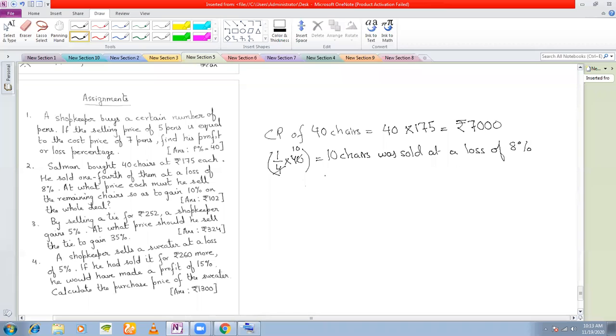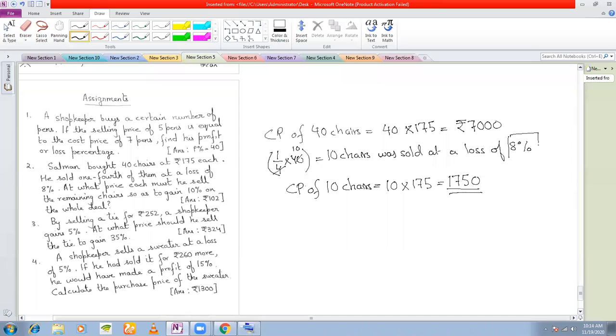Okay, so 10 chairs are there. Now 10 chairs is selling at a loss of 8%. What is the cost price of 10 chairs? 10 into 175, which is 1750. So 10 chairs, he bought for 1750 rupees.